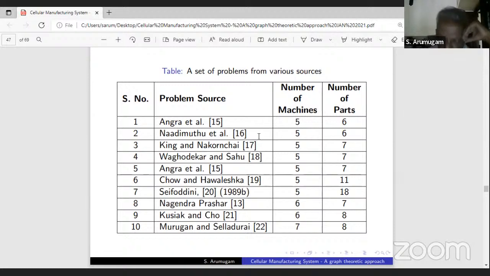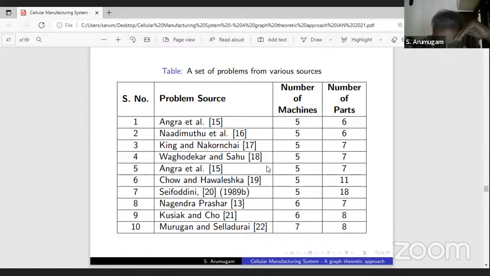They have given a solution for the cellular manufacturing problem. So it shows 20 problems from already published papers, and I collected the solution as presented in the original paper.